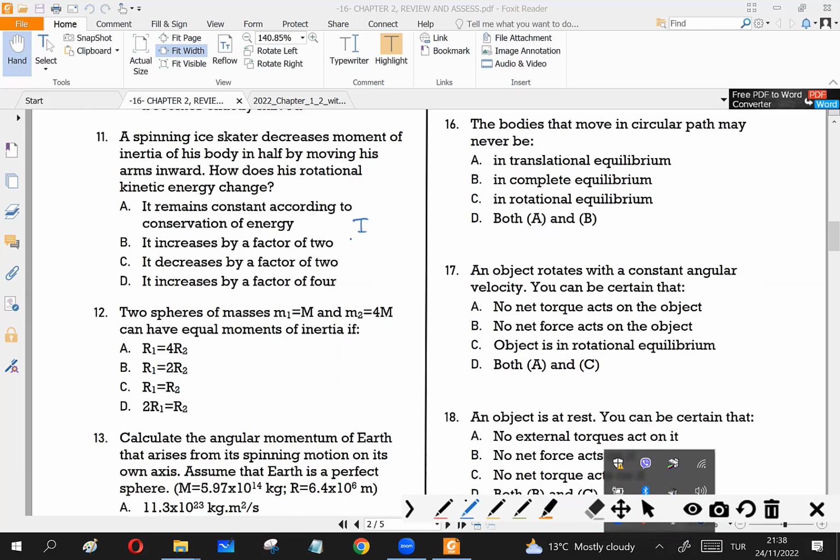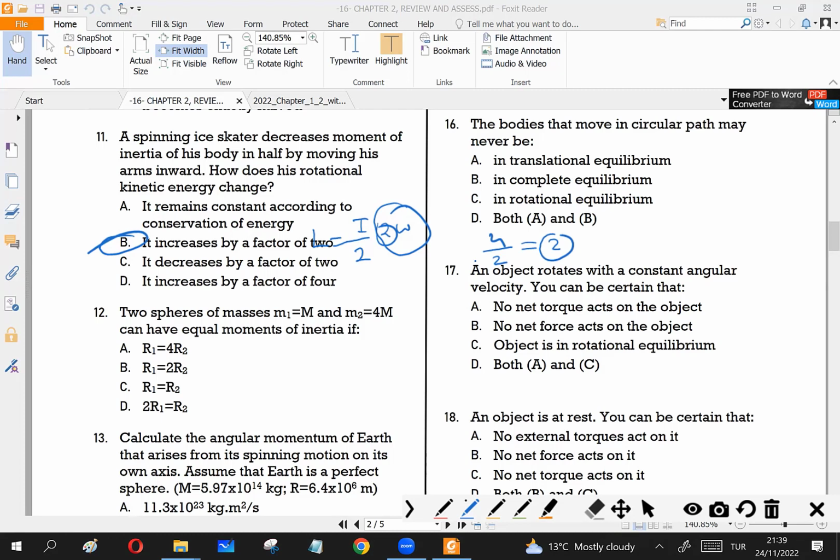If moment of inertia is halved, angular speed is doubled, because to keep angular momentum constant, and by what factor omega changes, rotational kinetic energy changes with the same factor. In here, angular speed increases by 2, so rotational kinetic energy also increases by a factor of 2. You don't need to make any calculation. Just answer in these types of problems this way. But don't forget, this is about questions on conservation of angular momentum, not other questions.